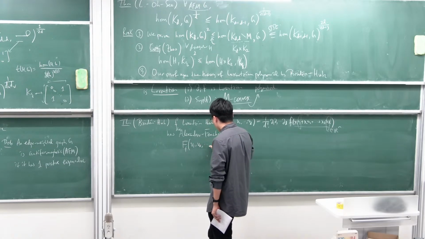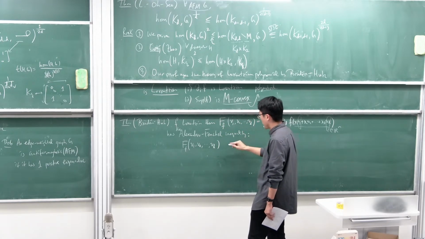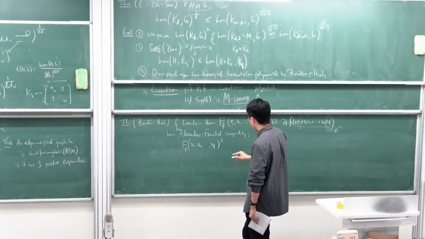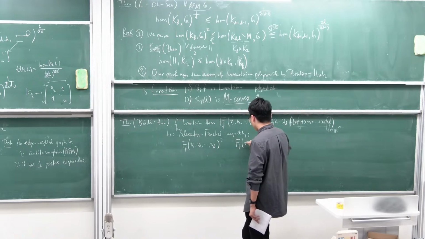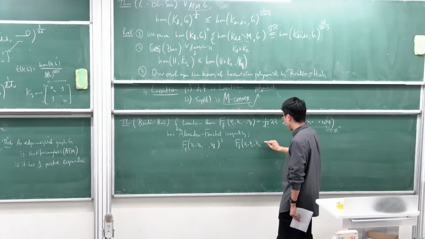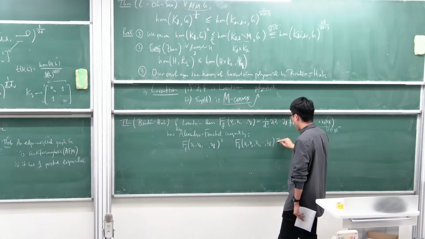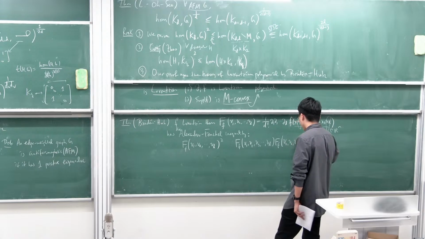Let's say I have a d variable function here, and then I square it, and then I look at those functions that repeat the first one twice and move on to the third one, and I repeat the second one twice and move on to the third one.